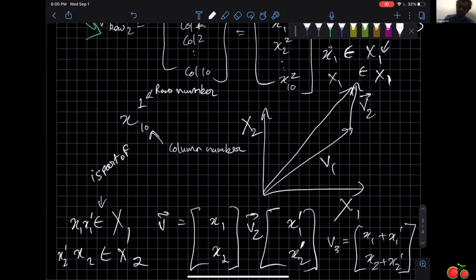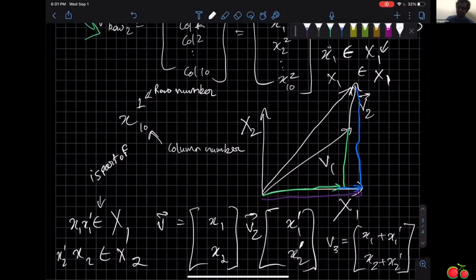You're adding this component, which belongs to x1, and this component, which belongs to x2. So the total length is this purple line, which is a sum of the green line with the blue line. That's all there is to it.